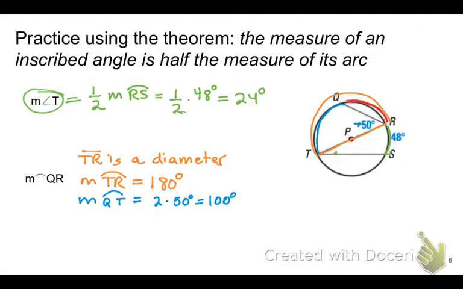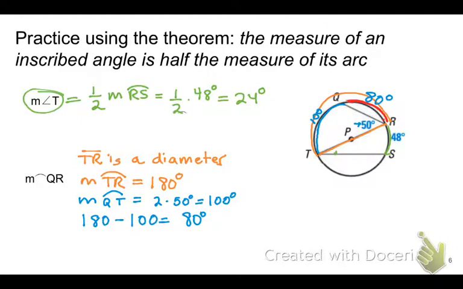So we know that this part right here is 100 degrees. We know the whole arc TR is equal to 180 degrees, so what do? Okay, we take 180 degrees, we subtract 100 degrees, that leaves us with 80 degrees. So this arc right here has to be equal to 80 degrees.